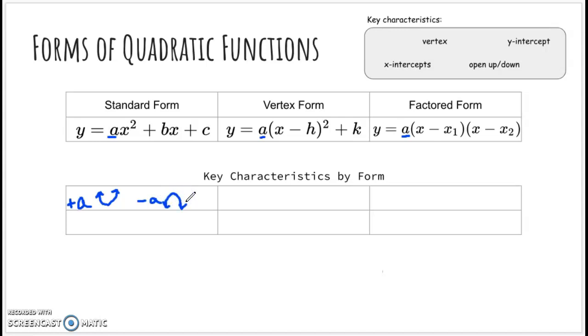If you have an A value greater than 1, you end up with a stretched parabola, right? And when A is between 0 and 1, you have a compressed parabola, right?